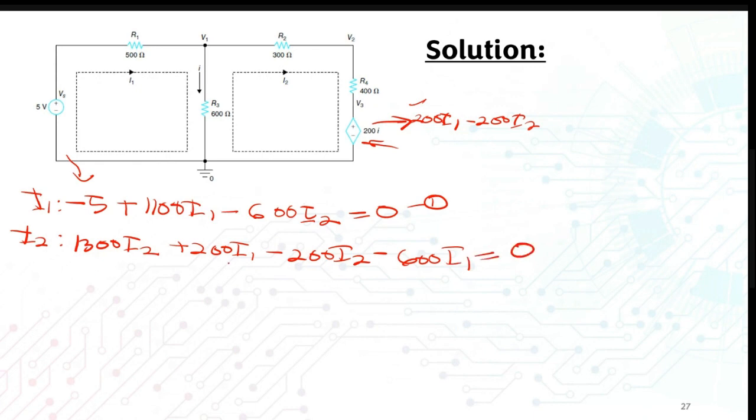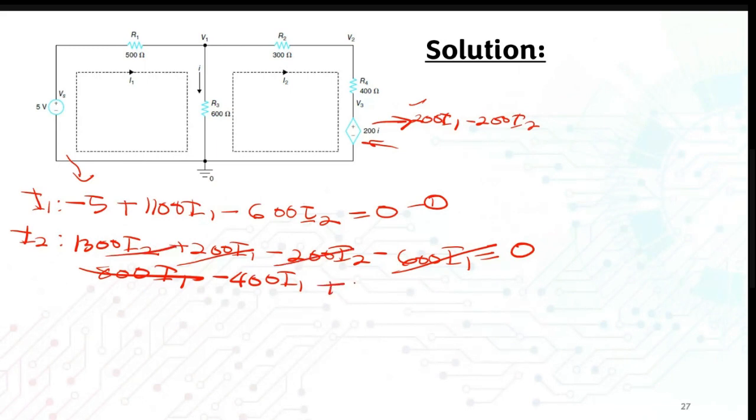You can simplify this by solving for I1 first: 200 plus 200 minus 600, you will have negative 400 I1, plus 1100 I2 equal to 0. This is equation 2. So you already have equation 1 and equation 2, and you can solve for that and get the answer.